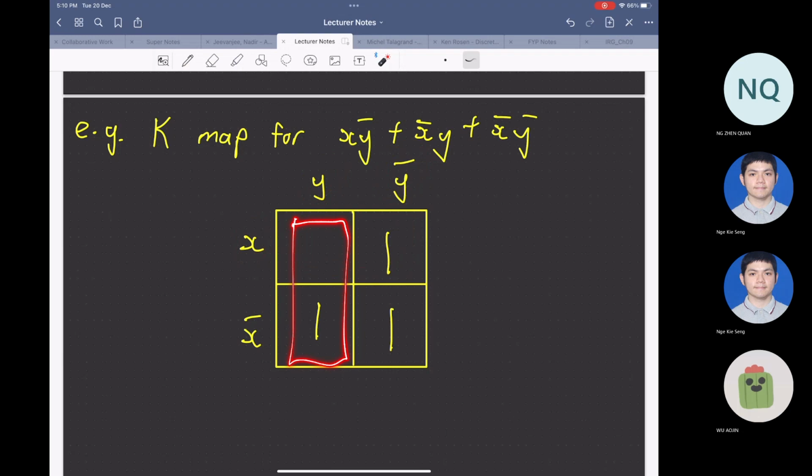They are adjacent because they differ in x, because this one is xy and this one is x bar y. They differ in one literal. And these 2 cells are adjacent because here it is x bar y and here x bar y bar. They differ by 1. So these are adjacent because they differ in x.